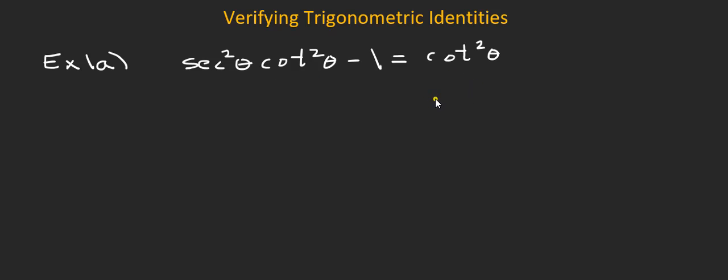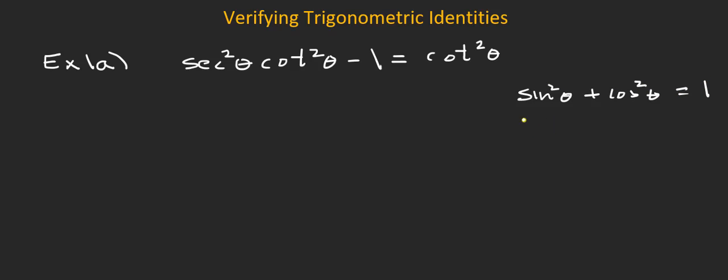Now, when you verify trig identities, it is good to remember, let's review: sine squared theta plus cosine squared theta is 1.